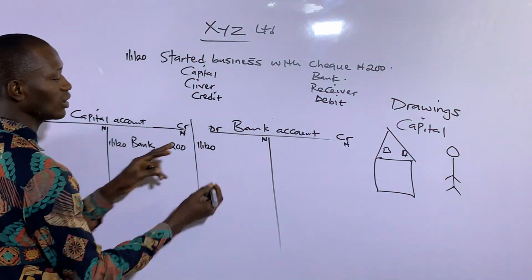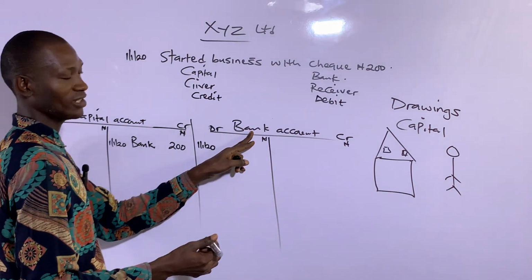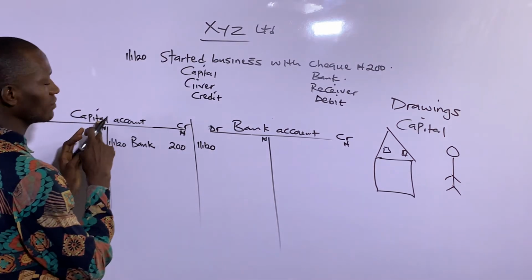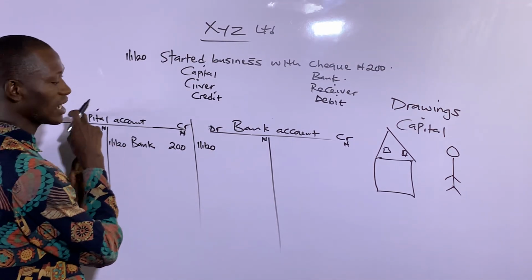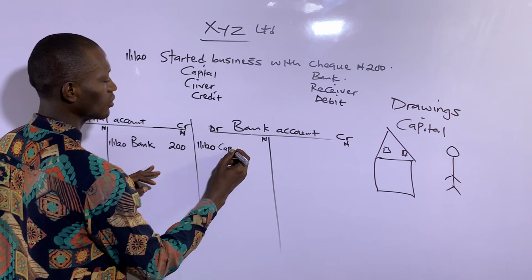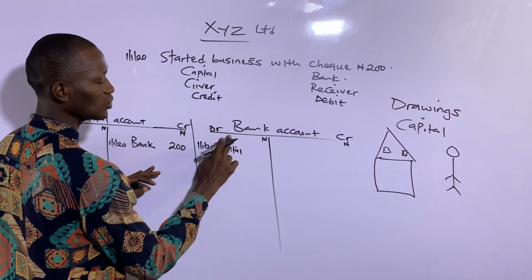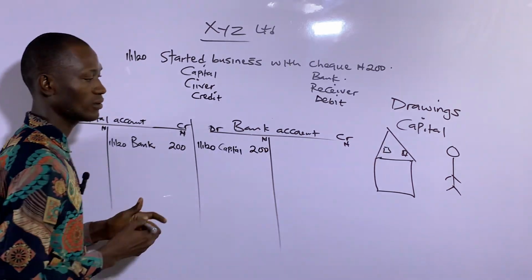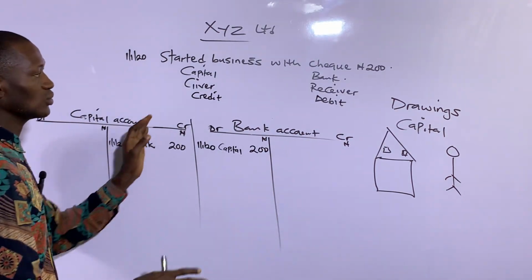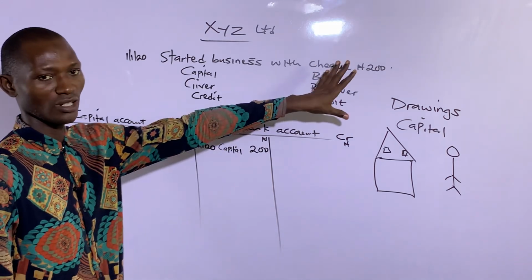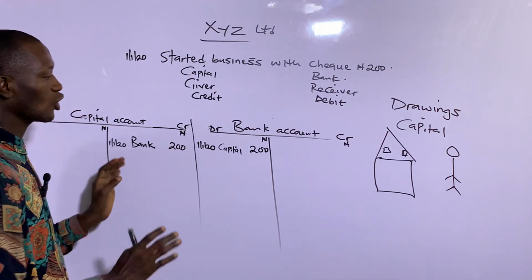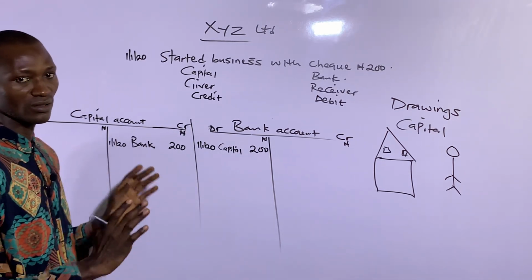Then the particulars: the bank is receiving the money from the owner of the business, which is capital account, so you write capital. The same amount, which is 200. This is with respect to started business with check 200 naira. So we have been able to complete the double entry for this transaction.